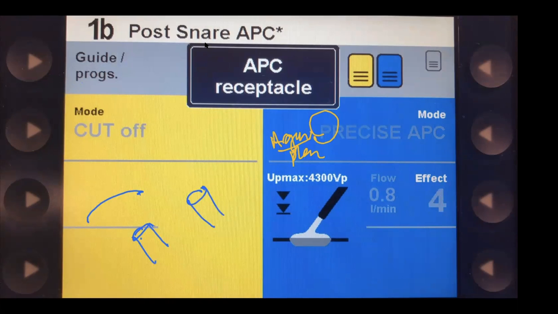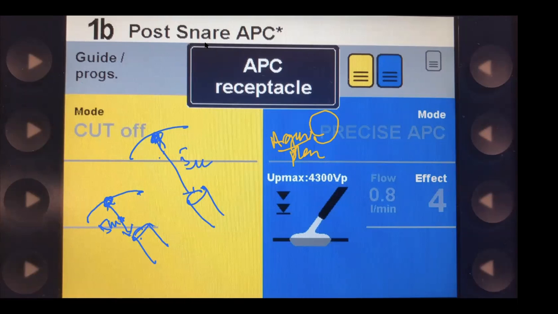With the respiration, the wall could be here, or the wall could be here, right? And we try to juggle to maintain the distance. And with precise APC, the way it was set up is as long as you are between 1 to 5 millimeters distance, you have the desired effect there.